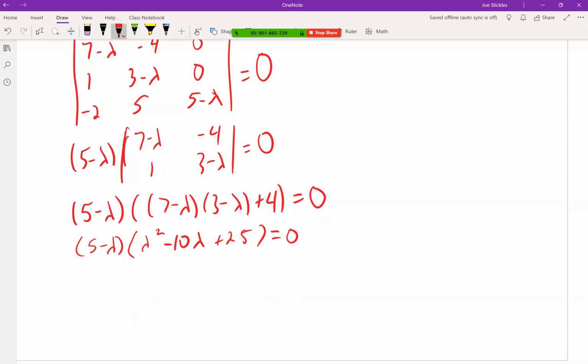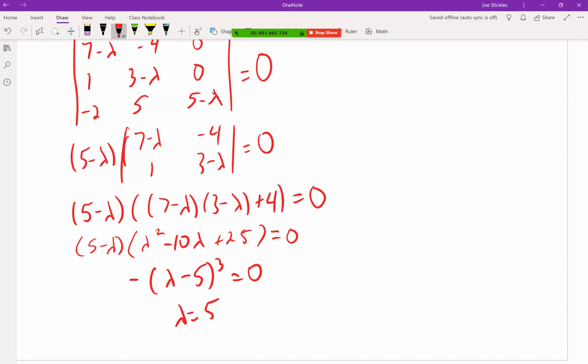Now this should factor as lambda minus 5 squared, and I've got an extra lambda minus 5 in here. So this actually is negative of lambda minus 5 cubed. And so we only get lambda equals 5 as our eigenvalue, the only eigenvalue that we have here. I knew I was doing something wrong because I rigged this problem so it would come out this way.